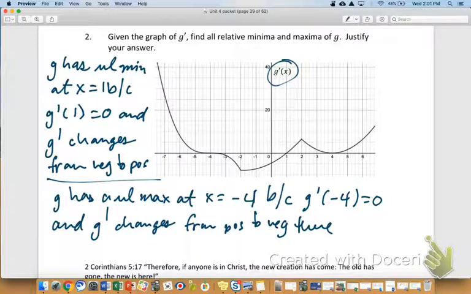Okay. So Anna just asked a question that I think really applies to all of us. What if we didn't put this or that? Because I totally didn't. So remember that relative extrema only happen at critical points. That's the only place they happen, not endpoints, not some other point. In order for a place to even be a candidate for a relative min or max, it's got to be a critical point.